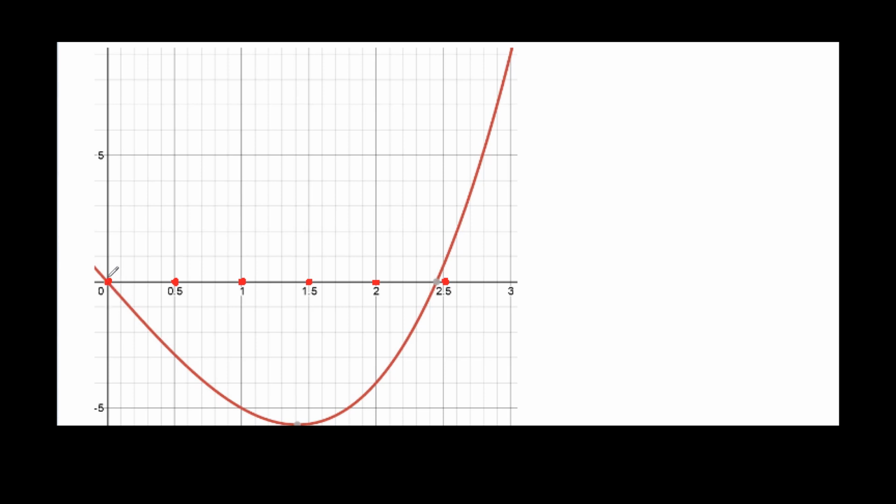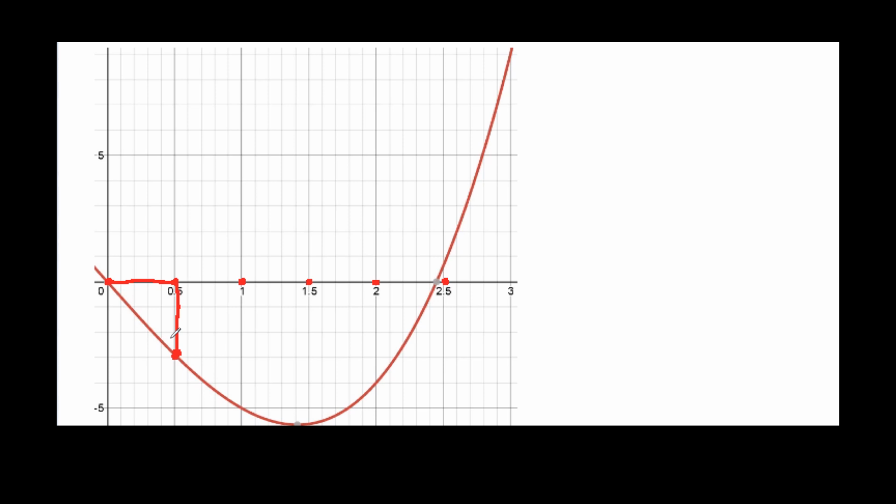And notice that the very first one gives us a function value of 0. So the height of this very first rectangle is 0. Hence, we do not get any area out of that rectangle. The second rectangle, however, does have height. If you want to call it height, it's actually negative.